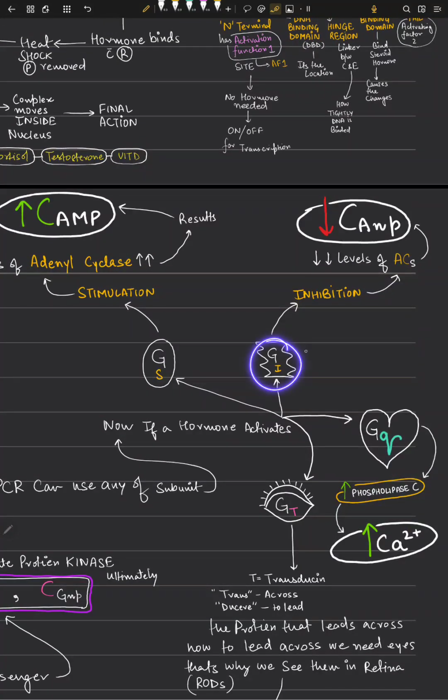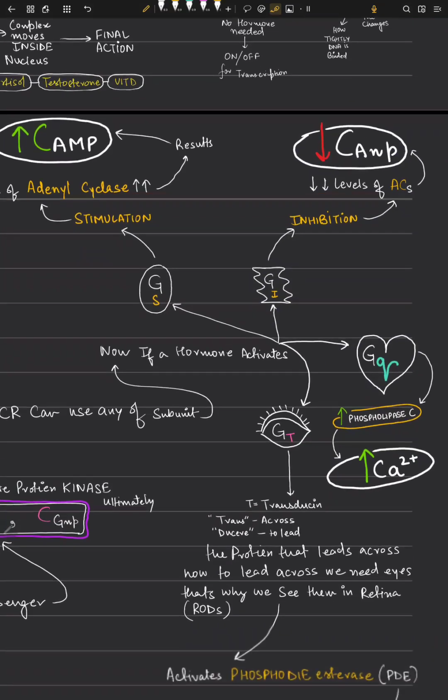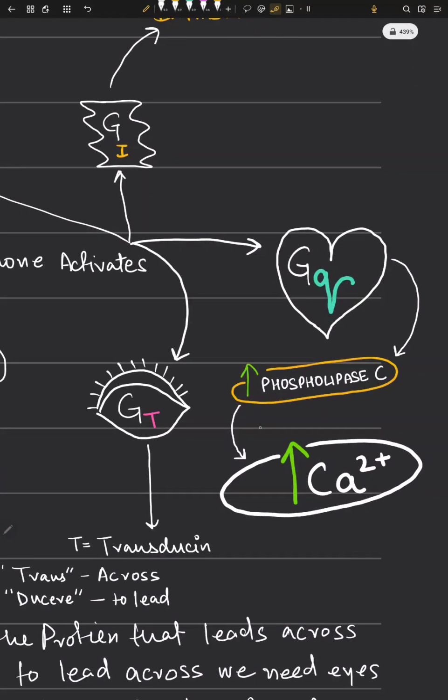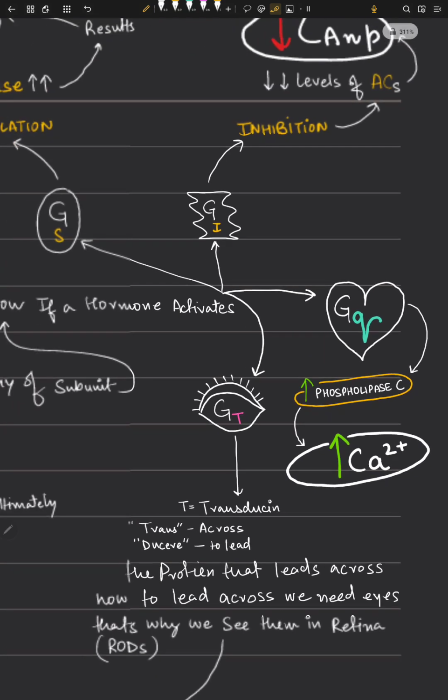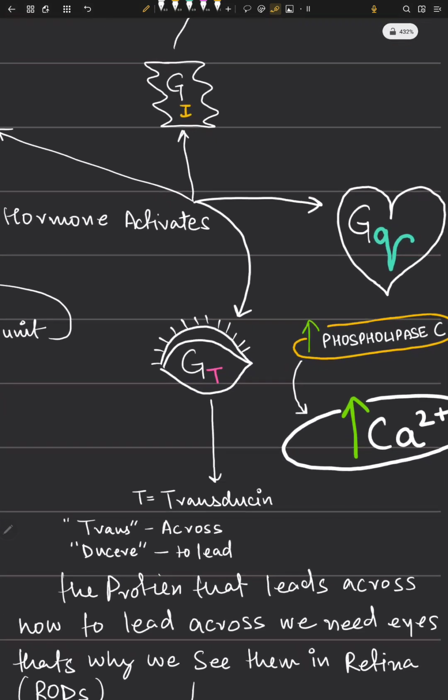If Gi is activated, it means inhibition, so the level of cAMP goes down. If Gq is activated, the level of phospholipase C increases, and so the level of calcium increases. Gt is for transducin.